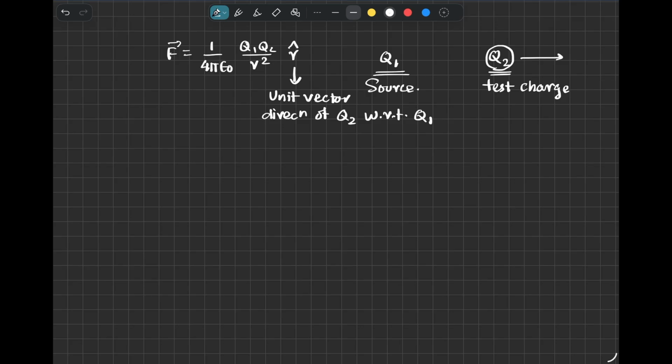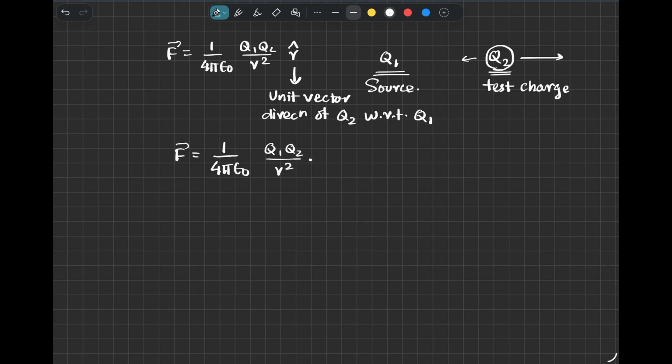Similarly, if it is attractive in nature, then it will be exactly opposite, so minus of r cap I can write. If I want to write it in vector format, I can write F equals 1 by 4 pi epsilon naught into q1 into q2 by r square.